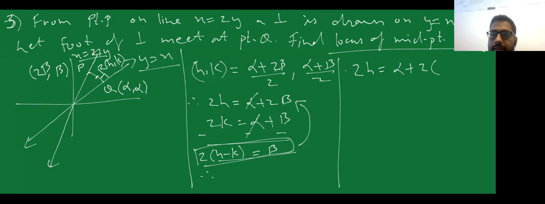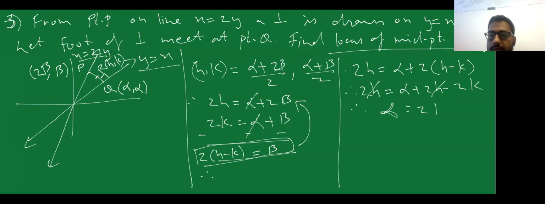Instead of beta, I can write 2H minus K. Therefore, 2H is equal to alpha plus 2H minus 2K. Therefore, 2H cancels out, and I can say alpha is equal to 2K. Okay. Now I have got the values of alpha and beta.